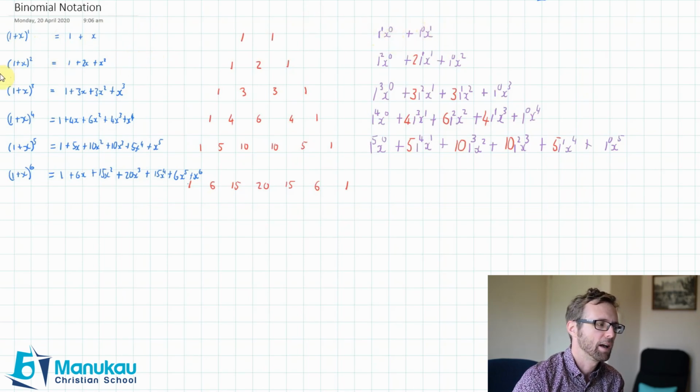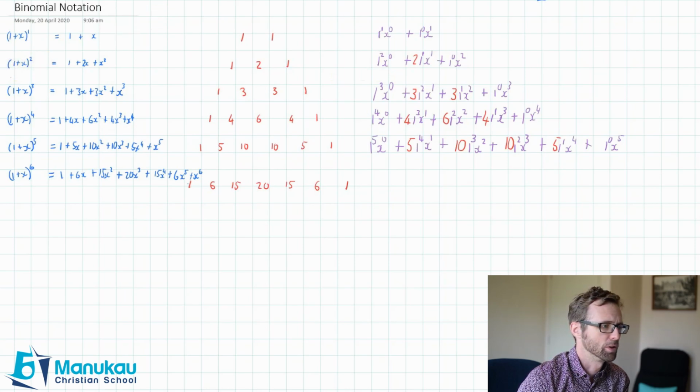Let's move on. Now, when you go 1 plus x all squared, you've got 1 plus 2x plus x squared. Notice how the first term has no x's, and the last term is just x times x. The middle term has your x's and your 2. This is represented by our Pascal's triangle, 1, 2, 1. But we can think of it like this. The first term is going to be 1 squared because it's 1 in the first bracket.